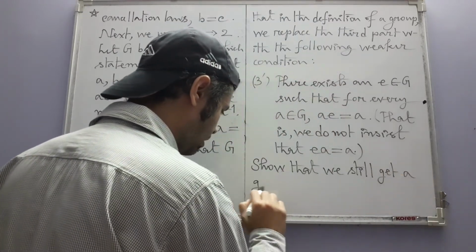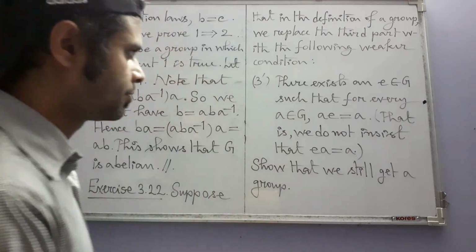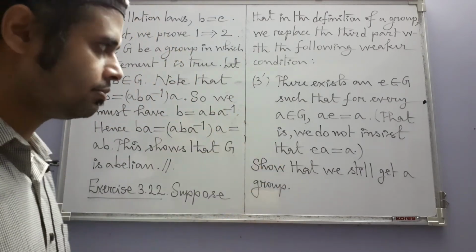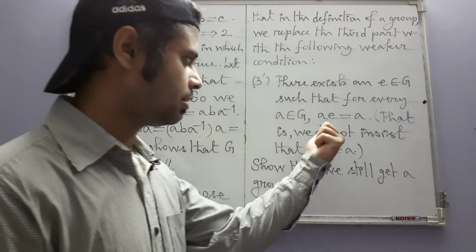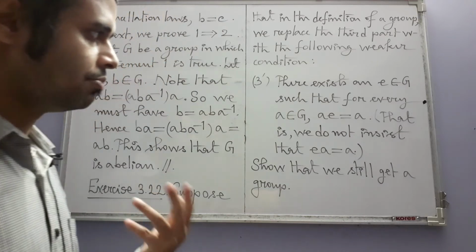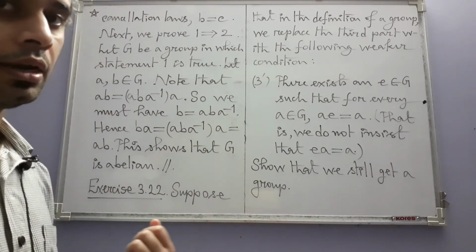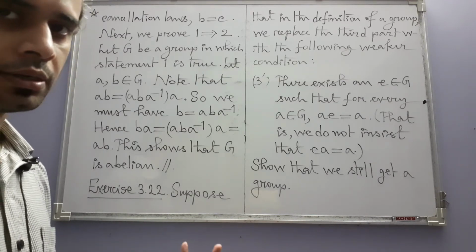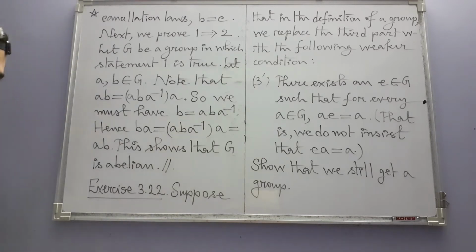That means everything else about the definition is like before. Only in this existence of identity we have this alternative, somewhat weaker existence, that we only need a right identity. Now we need to show that such a right identity would also be a left identity, because then we have our original definition back and it will then be a group.